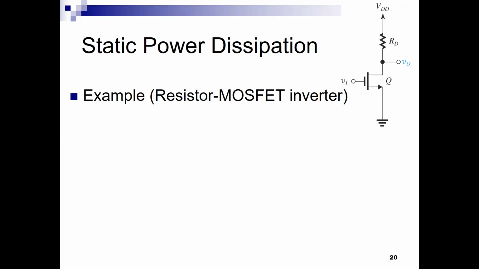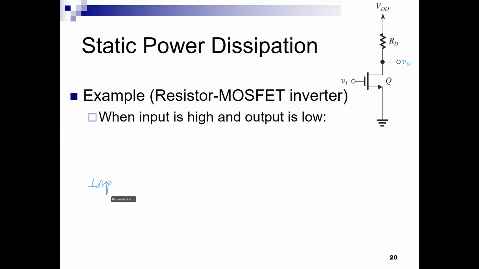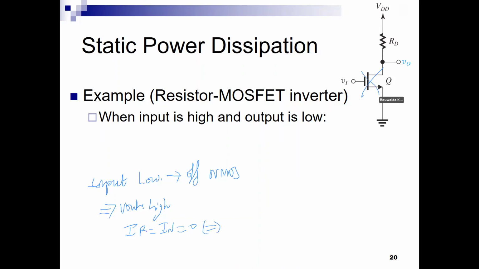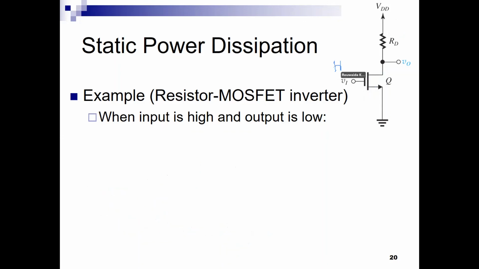So for the static power dissipation in the resistor-based inverter, we divide into two scenarios. If the input is low, then Vout will be high. IR equals IN, which means the transistor is off, so IN equals 0. If it is off, IVDD will be 0, so the power will be 0 when the input is low and the output is high. Okay, and if the input is high, the output will be VOL, this is on and this is on.